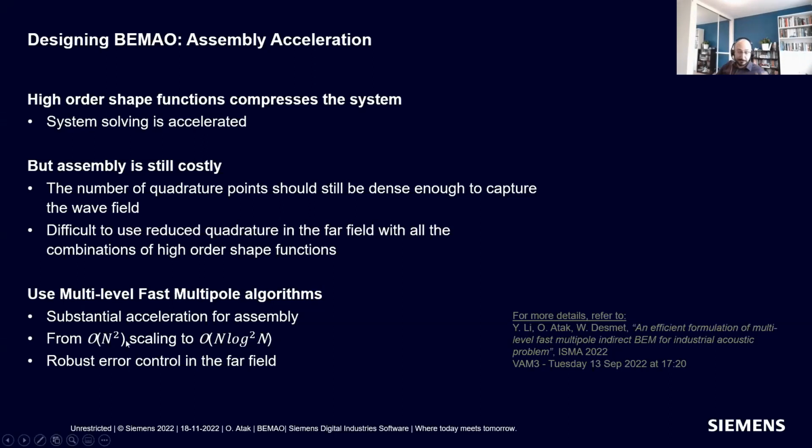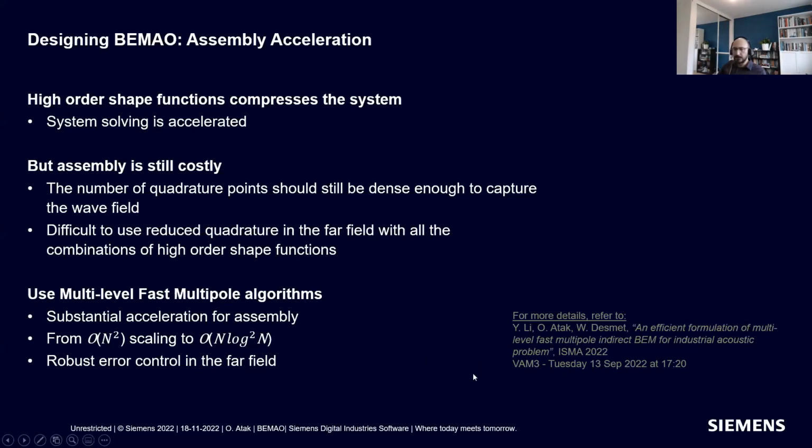The scaling of the assembly algorithm would typically be n squared, and with multi-level fast multipole algorithms it goes to n log squared n. Not only does it accelerate, it also allows us to control the error much more robustly in the far field. This is what we use for accelerating the assembly.